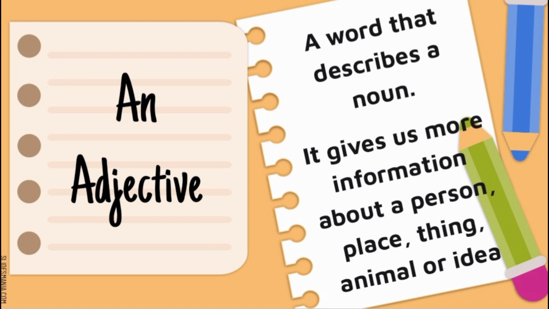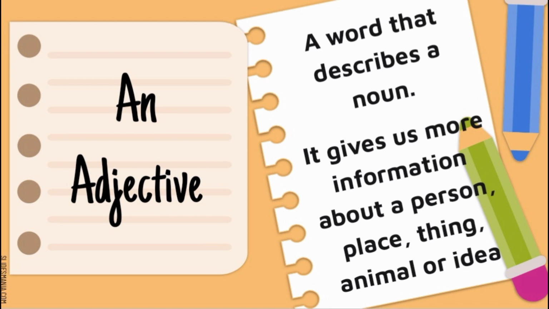First, we are going to look at what is the meaning of an adjective. An adjective is a word that describes a noun. It gives us more information about a person, place, thing, animal, and or idea. For example, it is a big table.